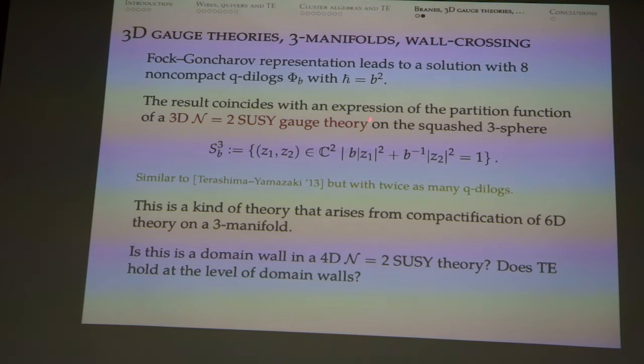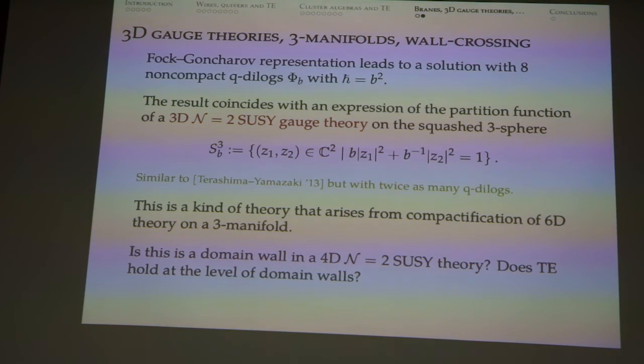And if you look at that integration formula and look at the solution you obtain from this Fock-Goncharov representation, then you see that they're equal. And furthermore, the kind of theory you obtain, this 3D theory, is exactly the kind of theory that arises from compactification of the 6-dimensional (2,0) theory on a 3-manifold.